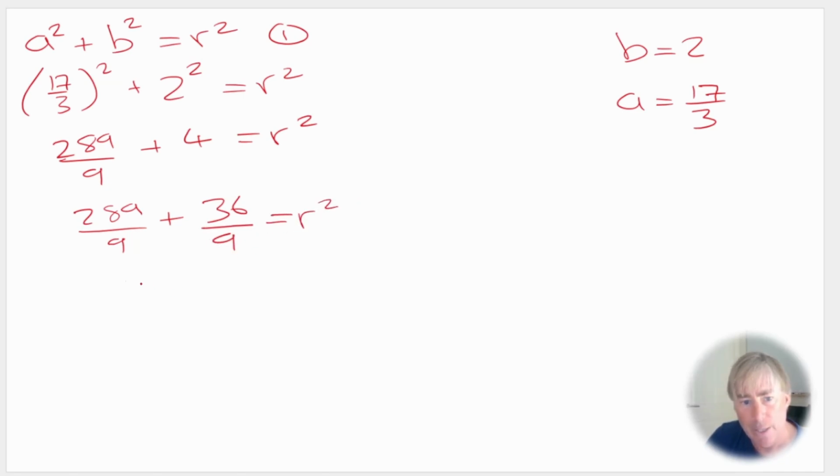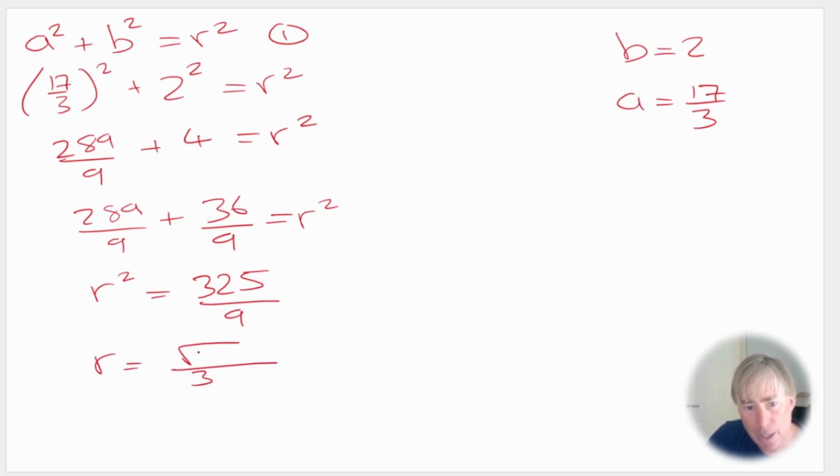So r² is equal to (289 + 36) over 9, which is 325 over 9. So r is equal to the square root of that. So I know that's going to be root 325 over 3. 25 goes into 325 13 times. So it's going to be 5 root 13 over 3, I believe, is our final answer for r.